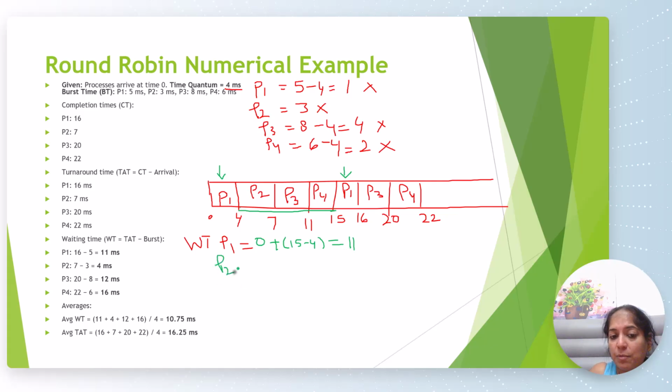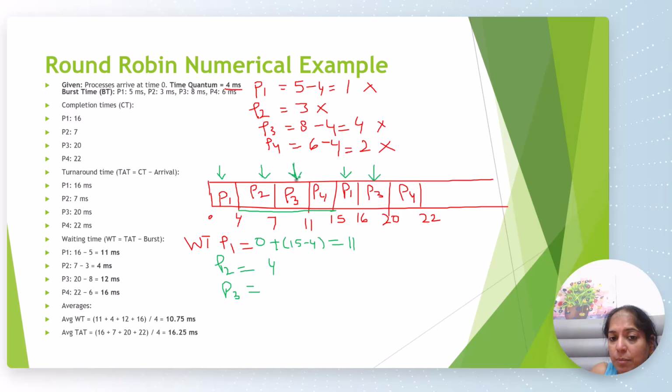Now the waiting time for process P2. P2 executed only once, and so the waiting time for process P2 is 4. Waiting time for process P3: P3 executes 2 times, one here, one here.